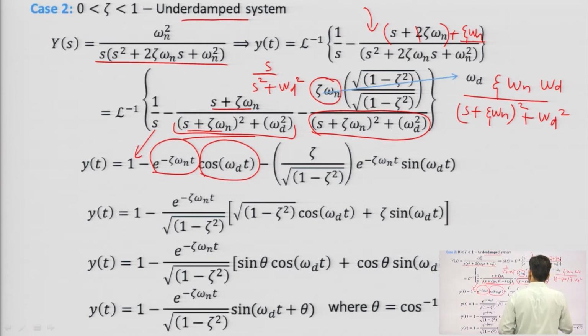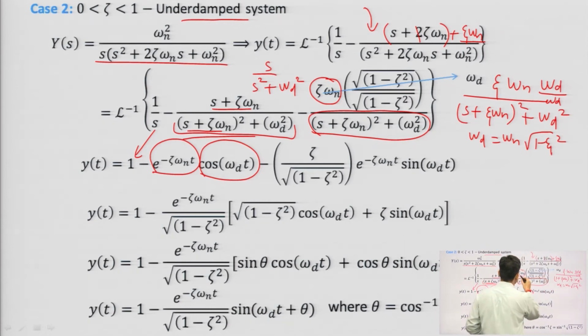So, omega d is missing. I am multiplying and dividing by omega d in the numerator, so that it will become a sine term in the time domain. Okay. Omega d you know very well, it is omega n under root 1 minus zeta square. Okay. So, just do this.